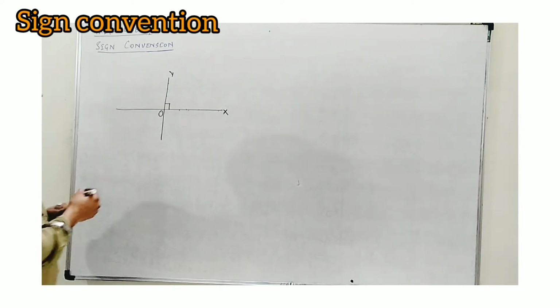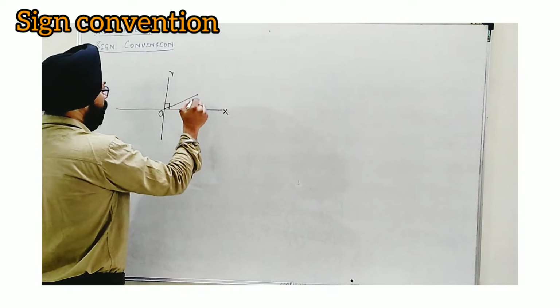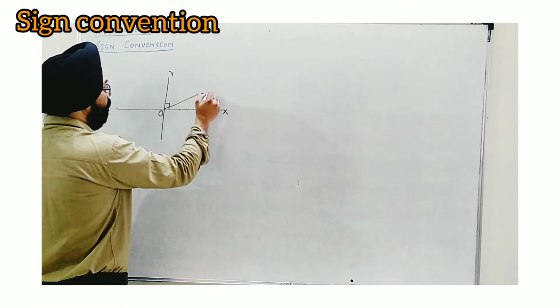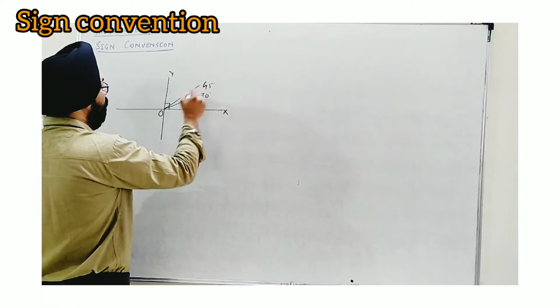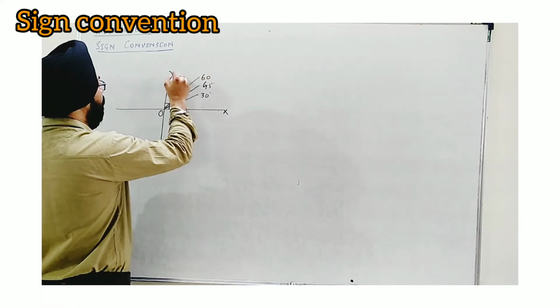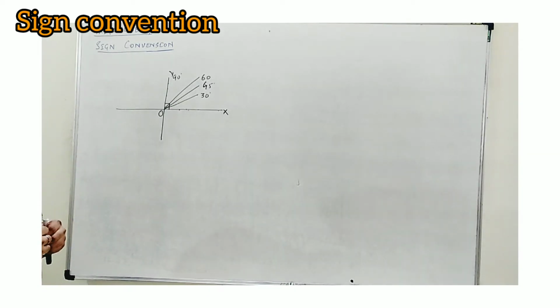Now all the angles which we have seen earlier in 10th standard, after 0 come 30 degrees, then 45, then 60, and then 90. We see that all these angles lie in the first quadrant only.